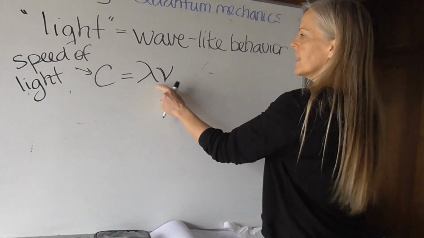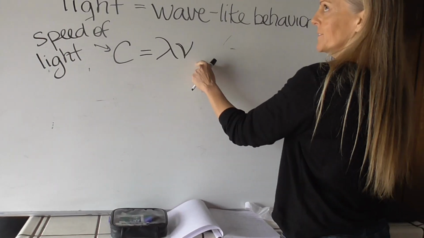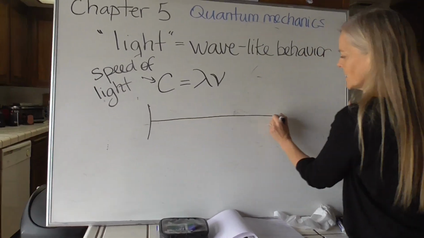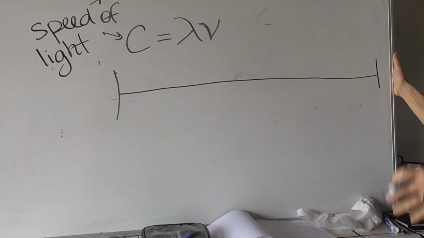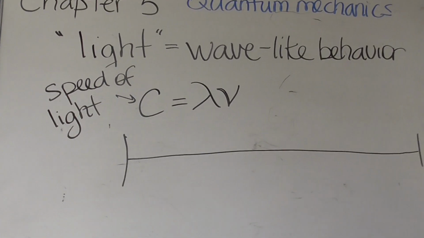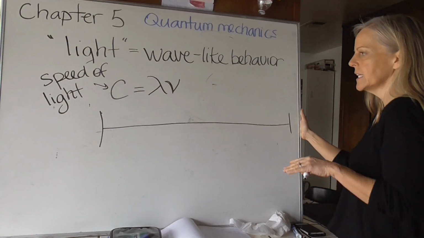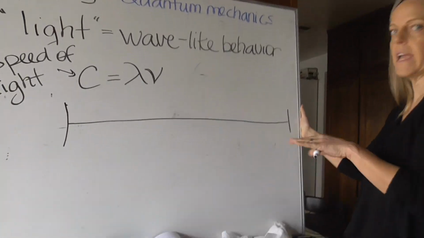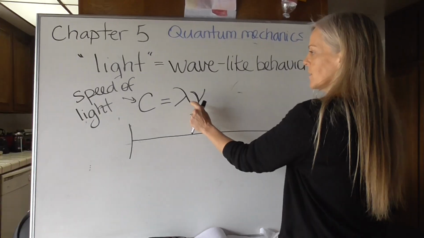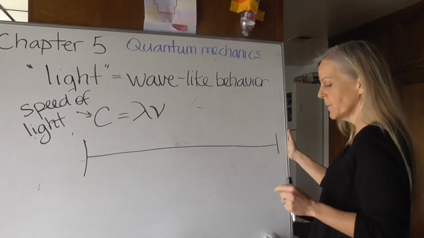So this lambda and the nu that we see here is what gives rise to what I was saying is the electromagnetic spectrum. Another question that's on the quiz is that there's this range for this spectrum. This range is dependent on the wavelength and the frequencies.